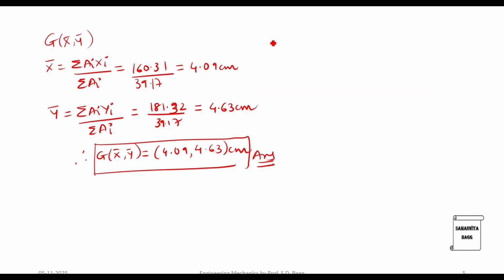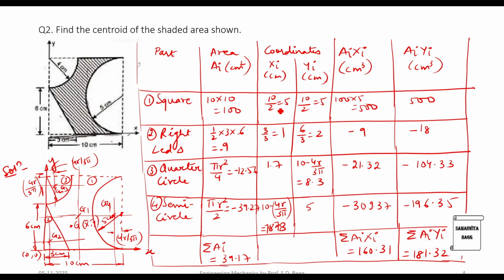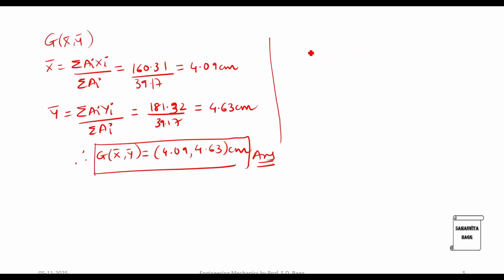Now here, instead of using these minus signs, suppose you are individually calculating just x1, y1, x2, y2, similarly a1, a2, a3, the final formula will then look like x bar is equal to a1 x1 minus a2 x2 minus a3 x3 minus a4 x4.